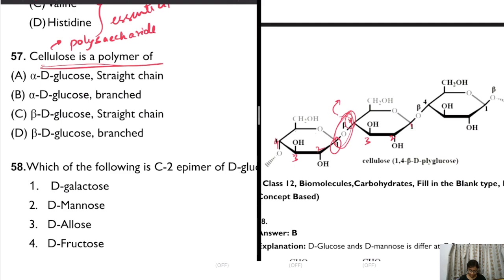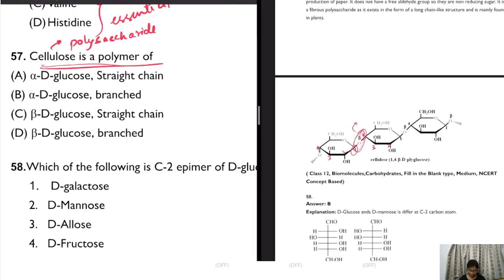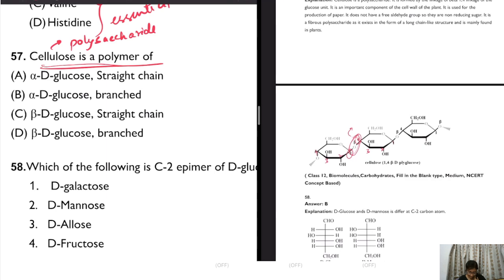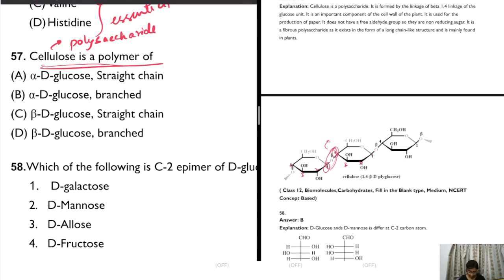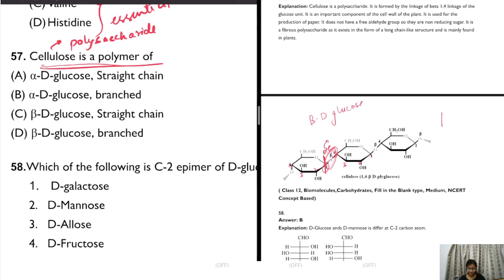And these are beta D glucose. Because the OH is like this, before the formation of the bond the OH was here, and now it is like this. So if it was alpha, then the bond would have been like this. Okay, so this is clear now.